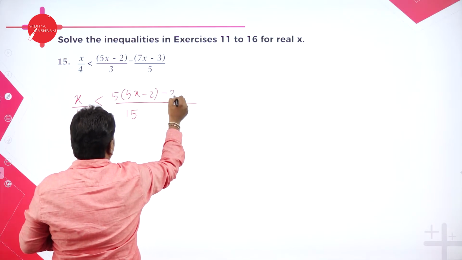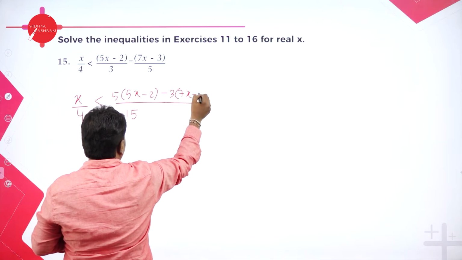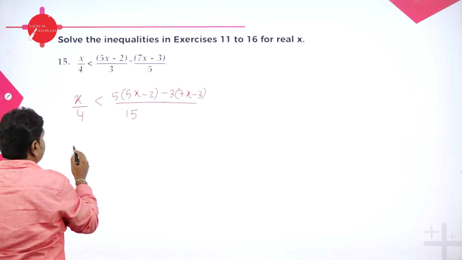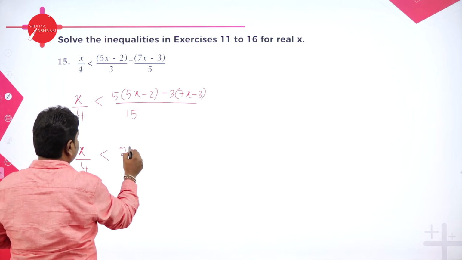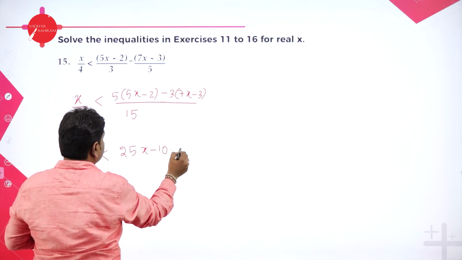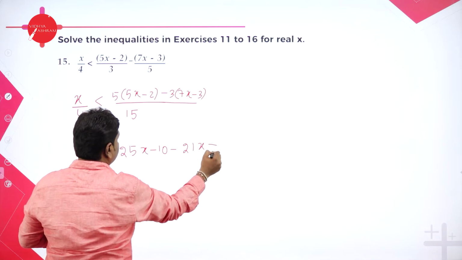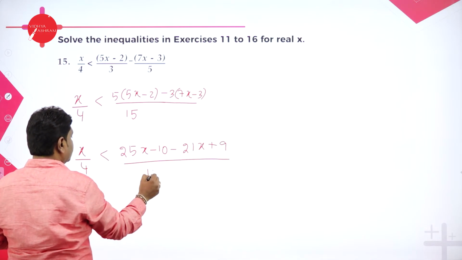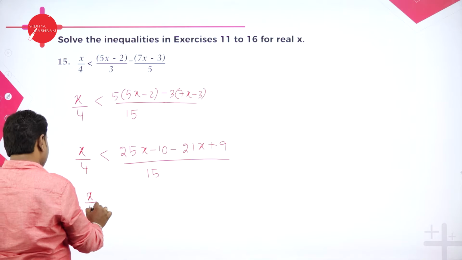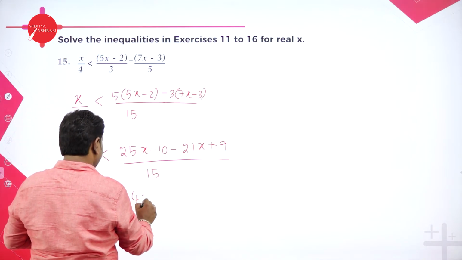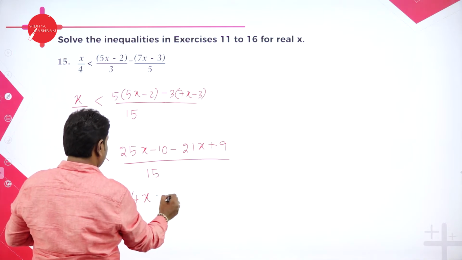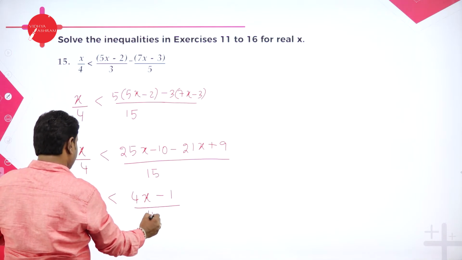minus 3 into 7x minus 3. So rearrange. x by 4 less than 25x minus 10 minus 21x plus 9 by 15. So x by 4 strictly less than 25x minus 21x becomes 4x minus 1 divided by what? 15.